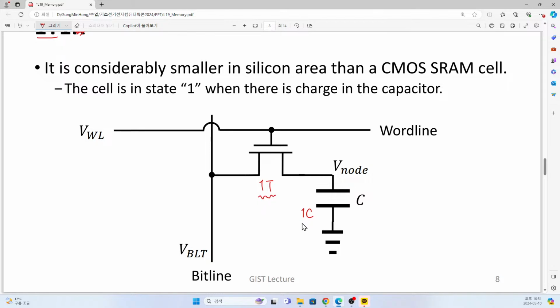Of course, we need one specific capacitor. However, in terms of area, it is much more efficient than the SRAM. That is the main reason why we use DRAM.